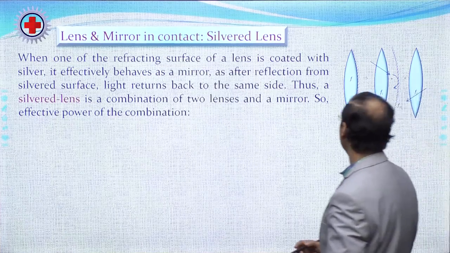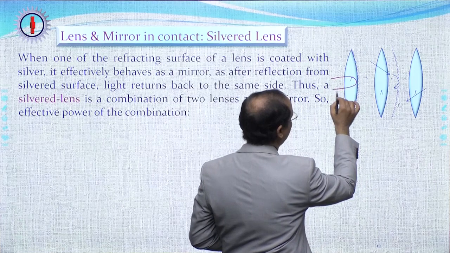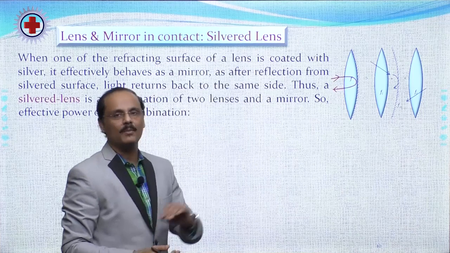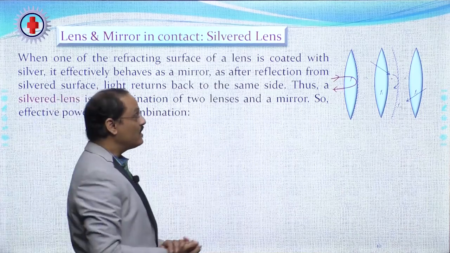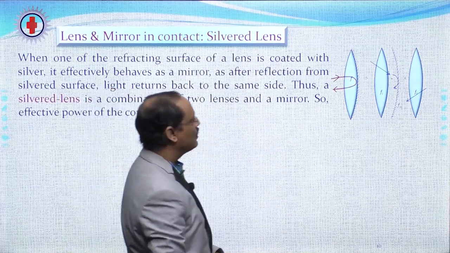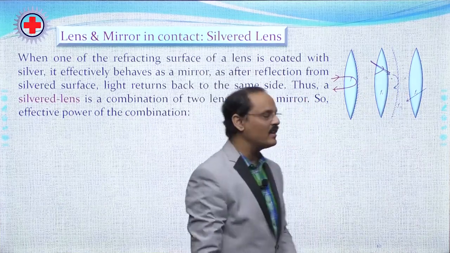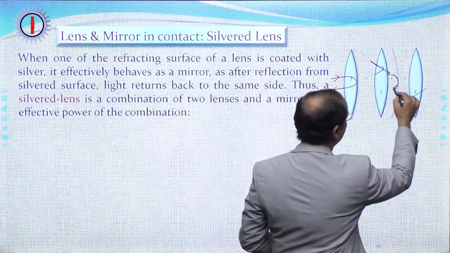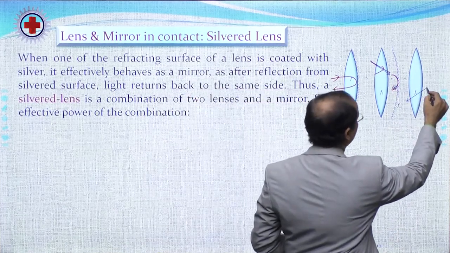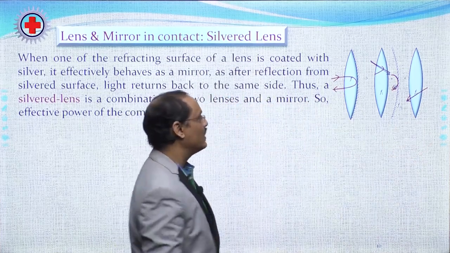How does it effectively behave like a mirror? If you notice, light is going from left, and after getting reflected from the mirror, it is again coming to the left. It has properties similar to that of a mirror. But here, when light is going through this particular silvered lens, what is happening? First it is passing through a lens, it is getting deviated, then it is getting reflected from the mirror, it is again getting deviated, then it is again returning back through that lens, it is again getting deviated.